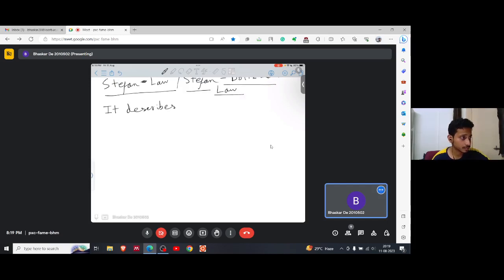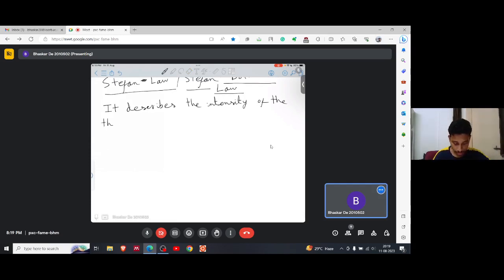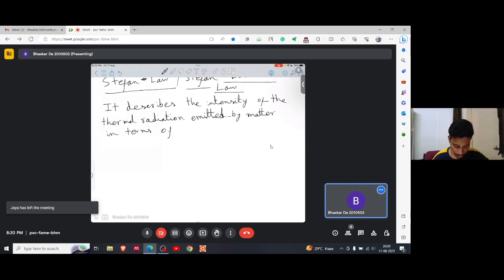It describes the intensity of the thermal radiation emitted by matter in terms of the matter's temperature.